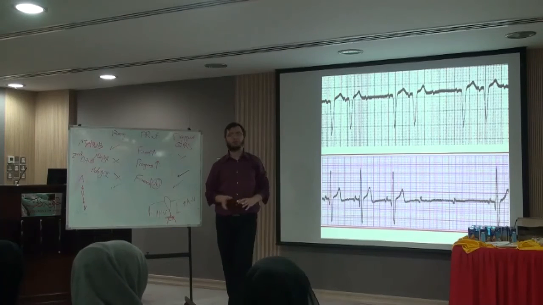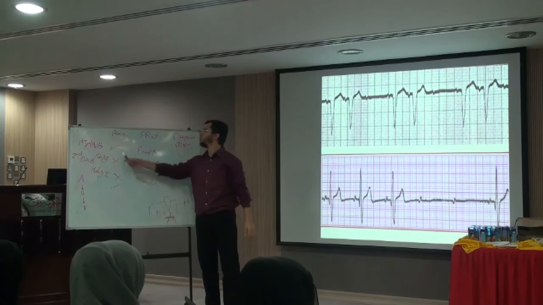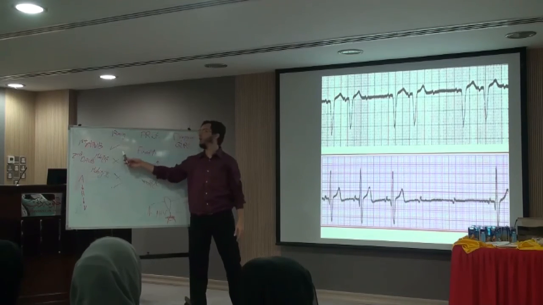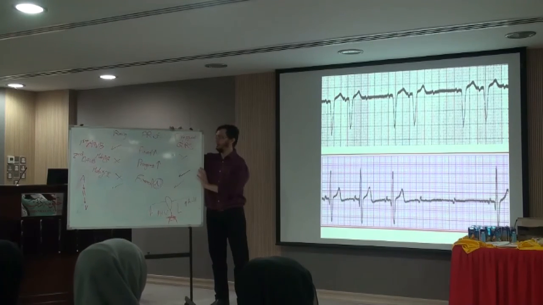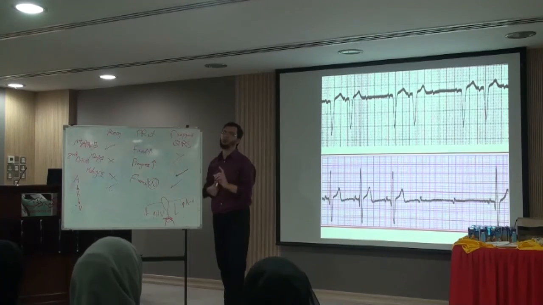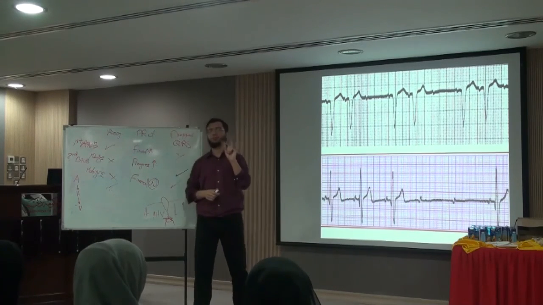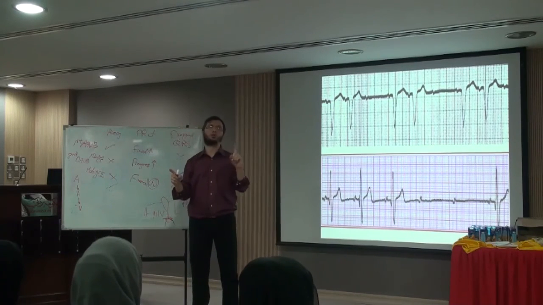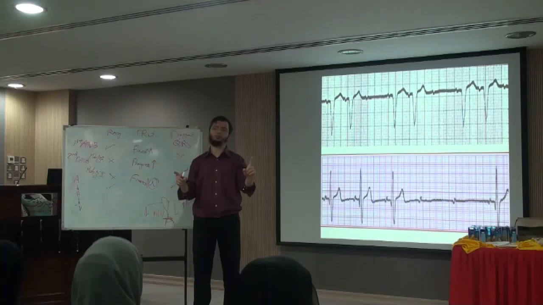So far, to compare the three types of AV block, I didn't write here whether the QRS complex is narrow or wide, yeah? So the first misconception: don't decide this is third degree AV block or Mobitz type 2 or second degree AV block according to the QRS complex.